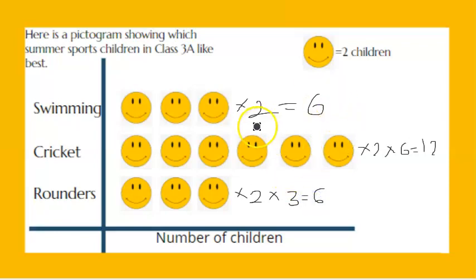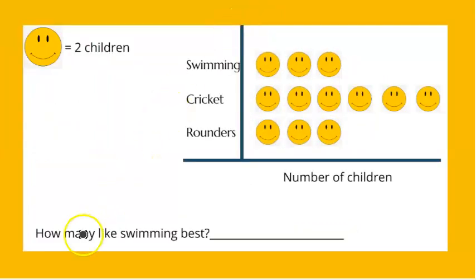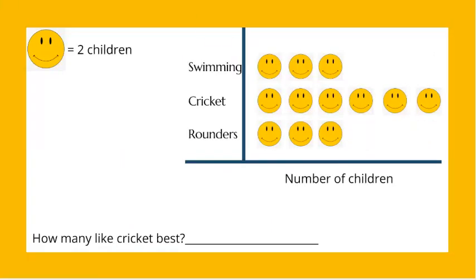So I have the total number of children I really want to work with here. All right, so the first question is, how many children like swimming best? Swimming, remember, times 2. That's 3 times 2, 6 children. Next, how many like cricket best?